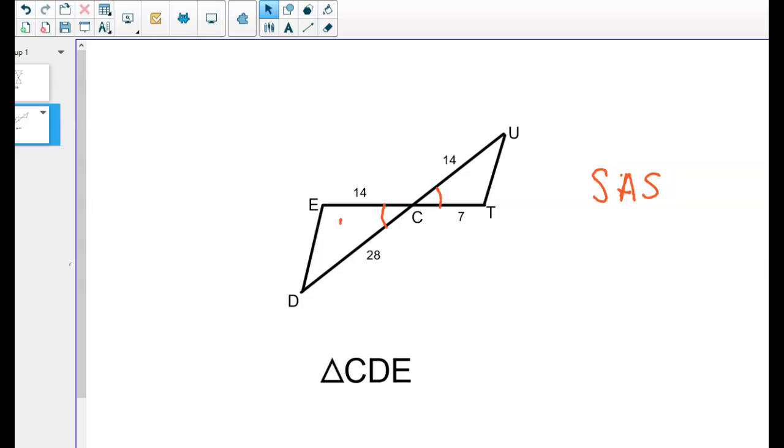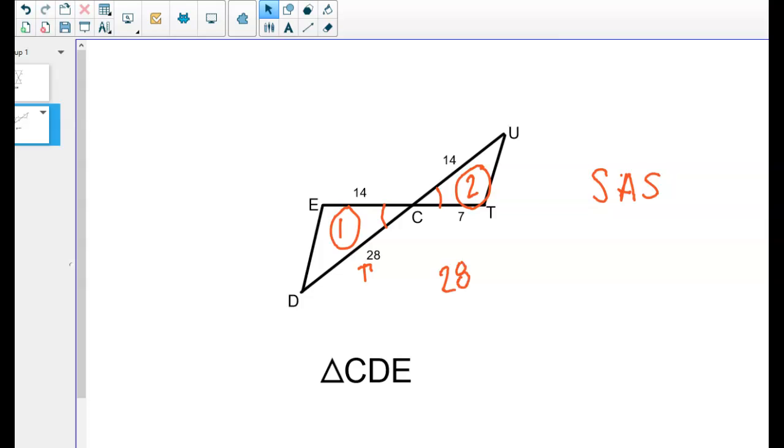Now we need to check for the side and side part. Again, I'm going to label one of my triangles triangle 1 and one triangle 2. It doesn't matter which one you call 1 and which one you call 2, you just need to start with 1 each time. From triangle 1, I'm going to take the longest side, which is 28, and put that on the top.